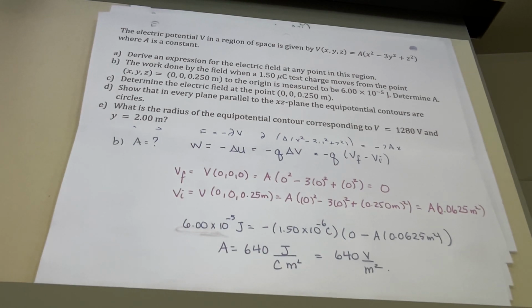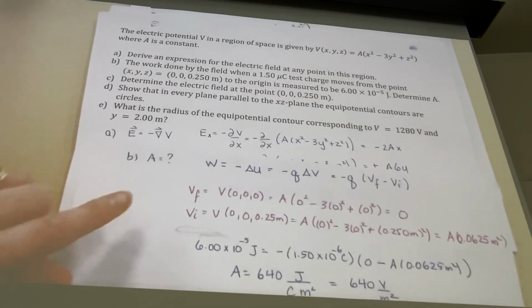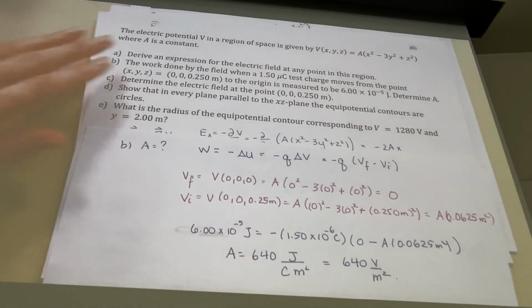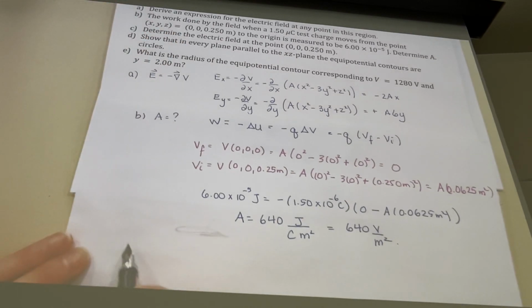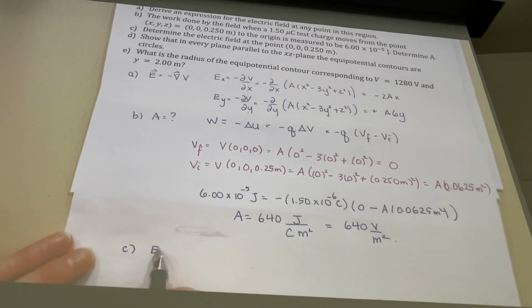Okay, any questions? Okay, and then part C is find the electric field at this place right here. And I think we'll have to leave D and E for next day. So part C, E of 0, 0, 0.250.